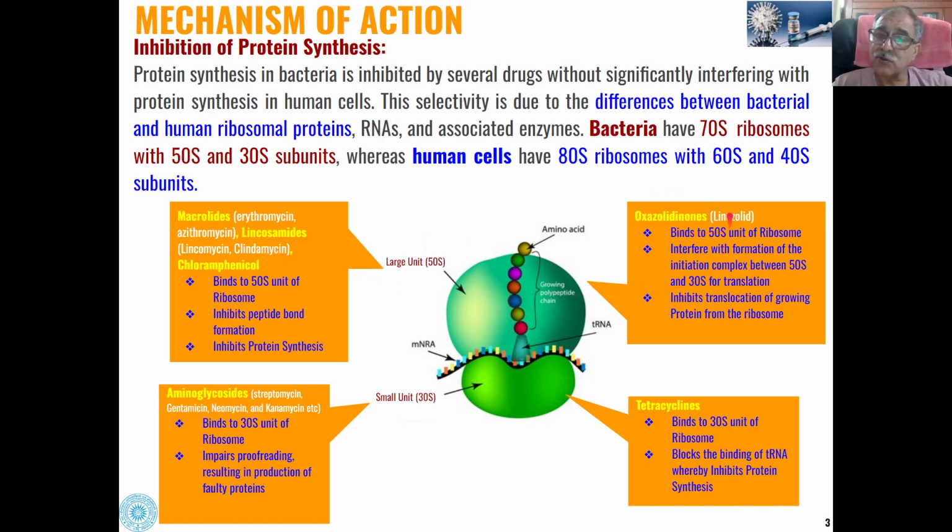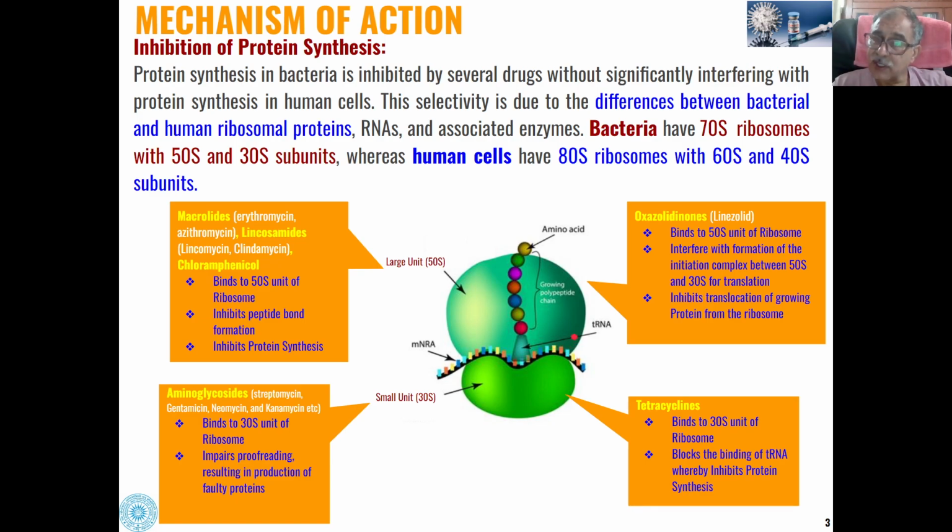Then there are the oxazolidinones. An example is linezolid. This again binds to the 50S subunit of the ribosome, and after binding, they interfere with the formation of the initiation complex between the 50S subunit and the 30S subunit for translation. So the messenger RNA will be affected.